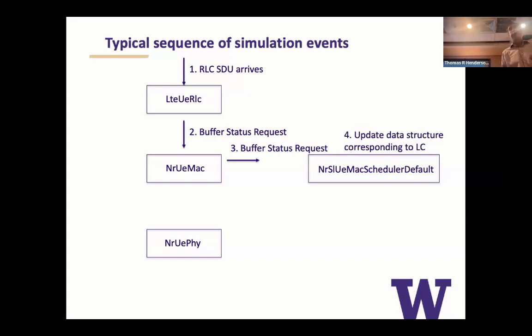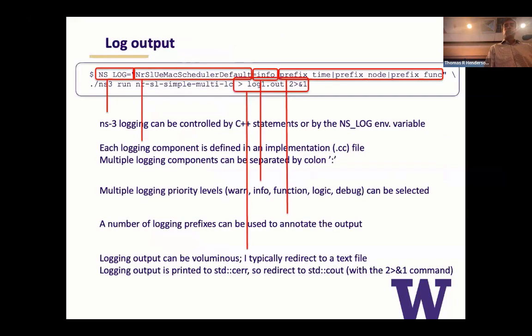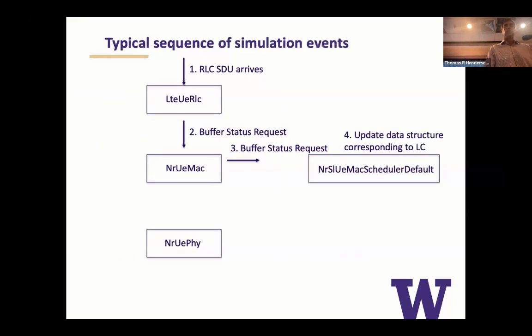And then the scheduler updates the data structure corresponding to that particular logical channel. So this is the technique by which the scheduler is informed that there's data pending at the RLC layer. And so I'm going to show you then some snippets of, if you enable NS3 logging, how you can observe these operations in the simulation output.